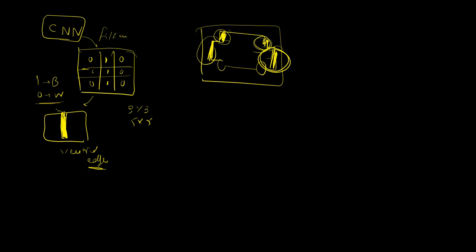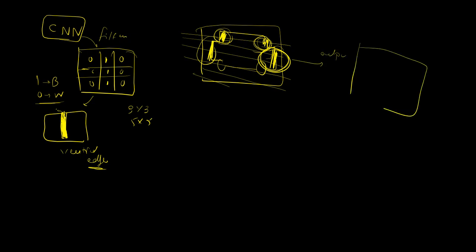The CNN goes through the whole image, and wherever it detects these prominent windows with these features, in the output it makes these features quite prominent, and the rest of the non-prominent features are very light or very distorted.